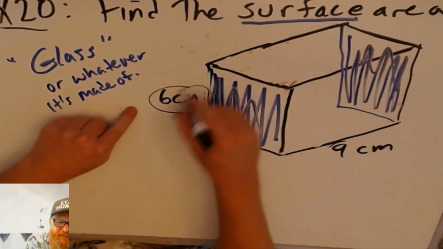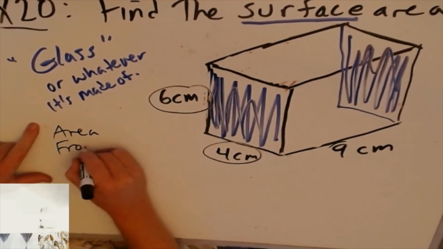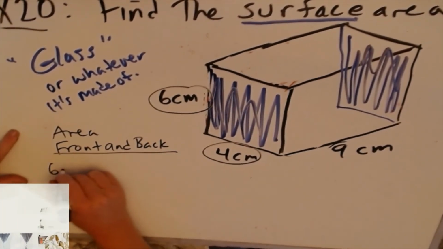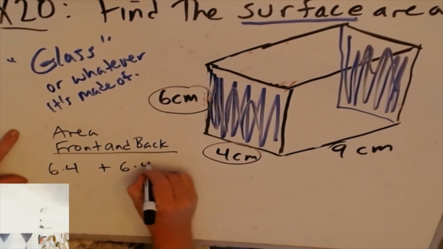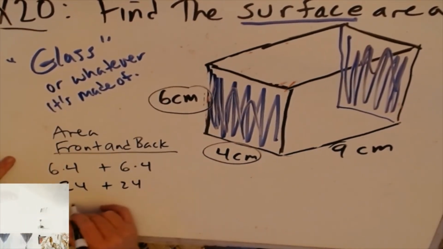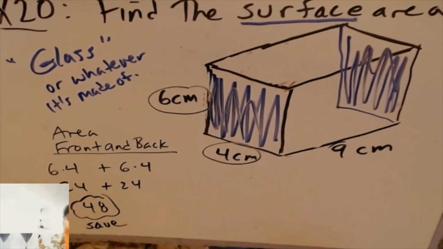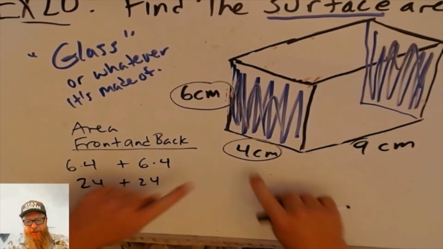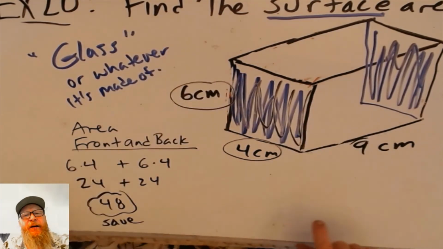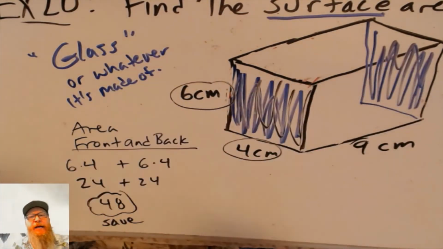So the surface area, front and back, is 6 times 4 plus another 6 times 4. So that would be 24 plus 24, which is 48. Let's just save that guy for later. 6 times 4 is 24. That would just be the area of this piece here. Add those together, you've got front and back. And there you go.